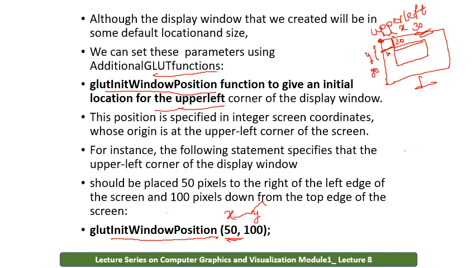X is 50 pixels from the left, from the top left corner, and 100 pixels down from the top. So exactly this gives the point according to the screen coordinates.